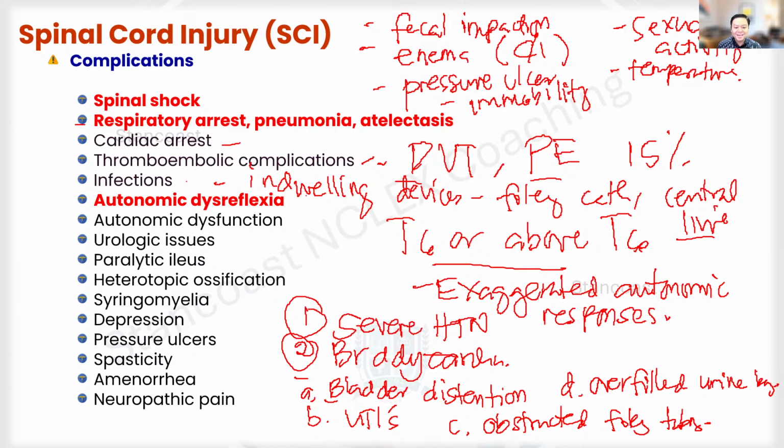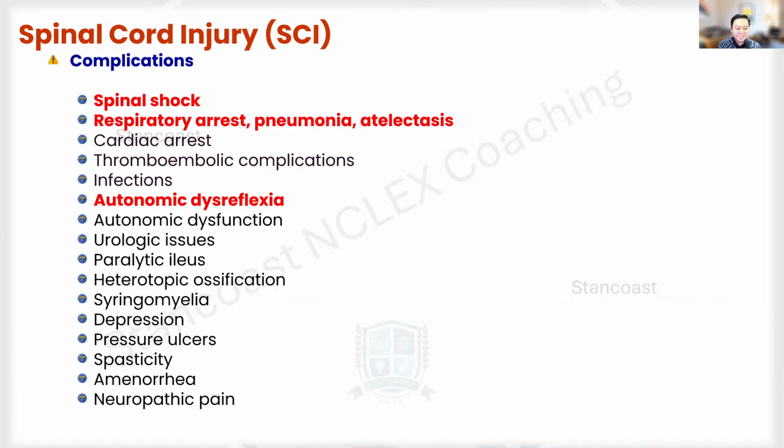All righty. Now, other than the dysreflexia, we have the autonomic dysfunction. So what are those things that you will anticipate in this patient with autonomic dysfunction, which is very specific to that? Well, the patient will have orthostatic hypotension.